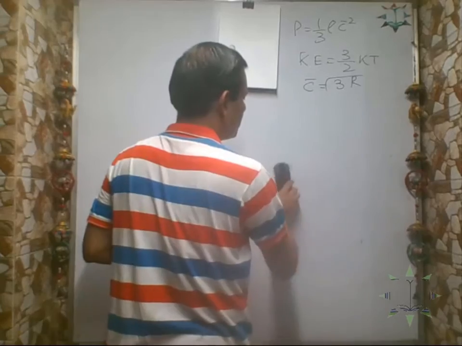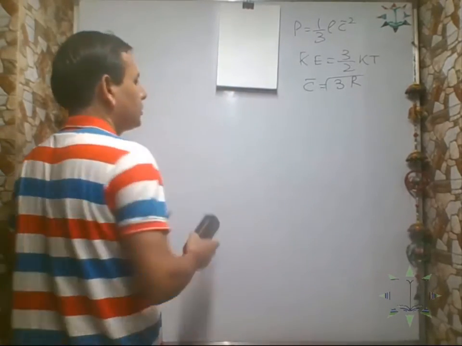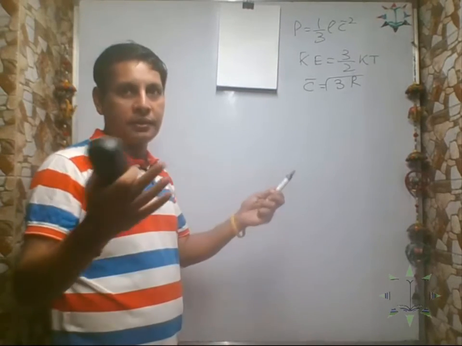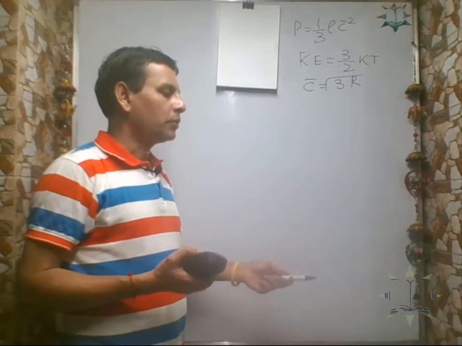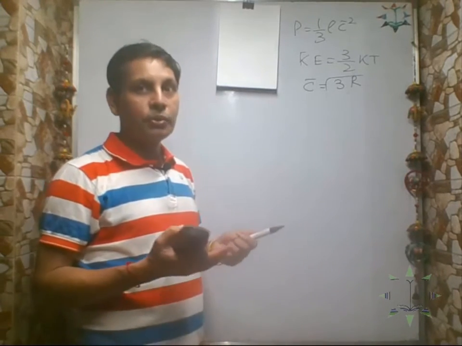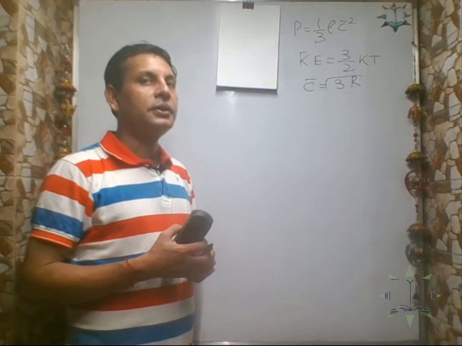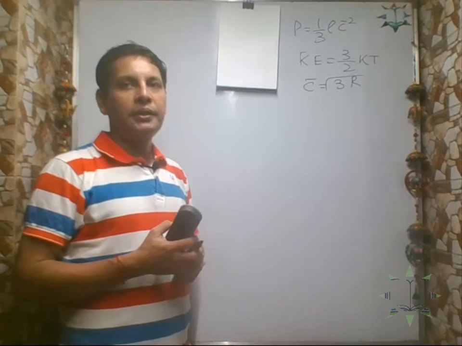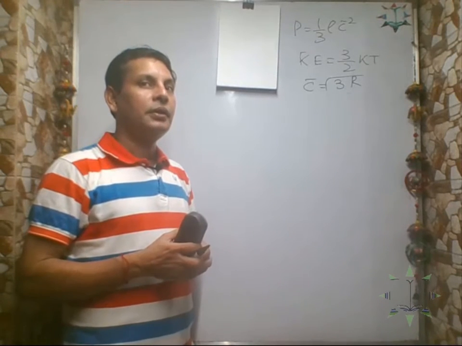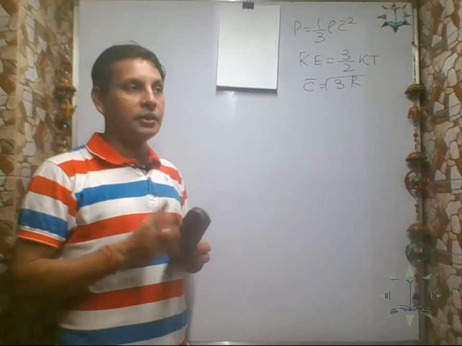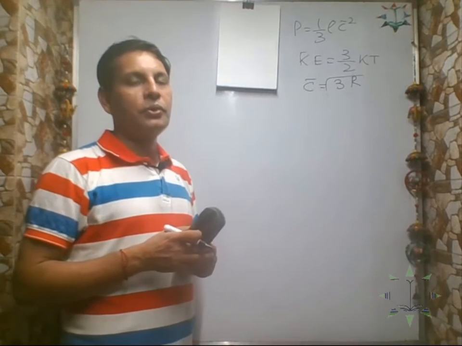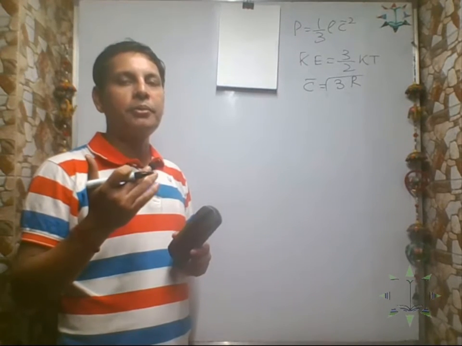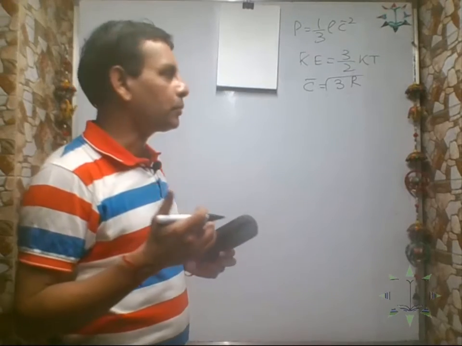Diffusion means the rate at which the gas molecules diffuse. Like if you keep a perfume, its density is very low. So Graham gave a law in which he said that the rate of diffusion is inversely proportional to the square root of density. So if the density is more, then the rate of diffusion will be less. So you have to prove Graham's law of diffusion.